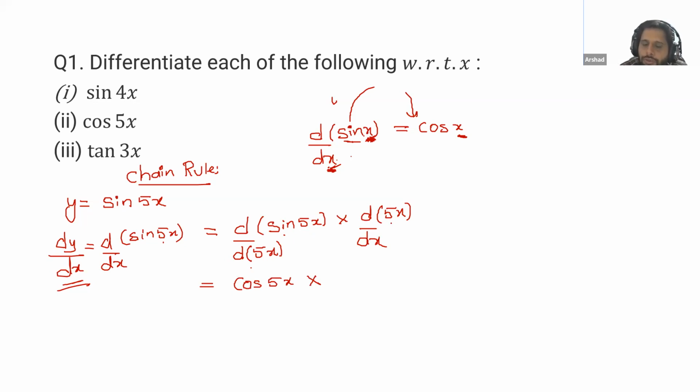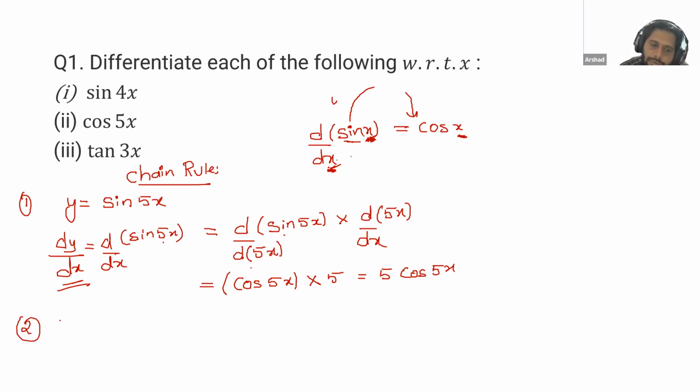Abdur, what's the derivative of 5x? So 5. Very good, Abdur. This 5 will come here: 5 cos 5x. Please note this: never multiply this 5 with the angle. Write a complete bracket. So this is the chain rule. When you have a function inside that is not x, we will always apply the chain rule.